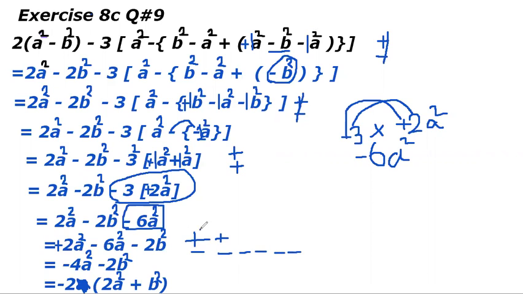Positive signs will cancel negative signs. Negative 4 signs are left, so negative 4a square, and negative 2b square.